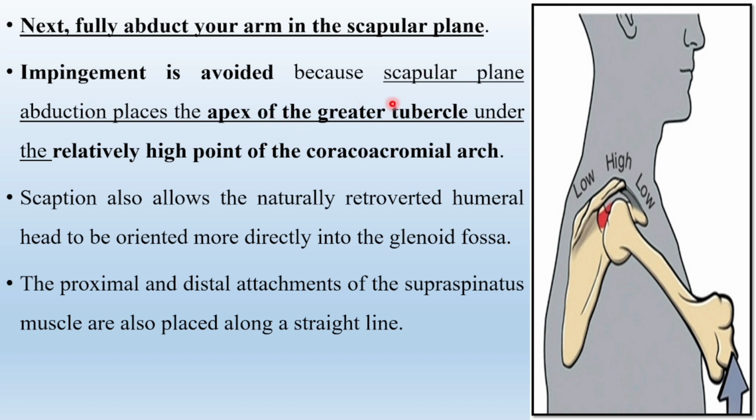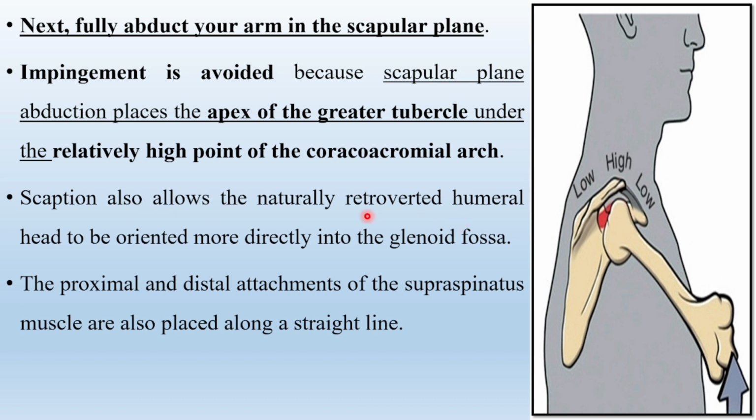Impingement is avoided because scapular plane abduction places the apex of the greater tubercle under a relatively high point of your coracoacromial arch. In frontal plane abduction, the apex of the greater tubercle is at a relatively low point of your coracoacromial arch, whereas in scapular plane abduction, it is under a high point of the arch.